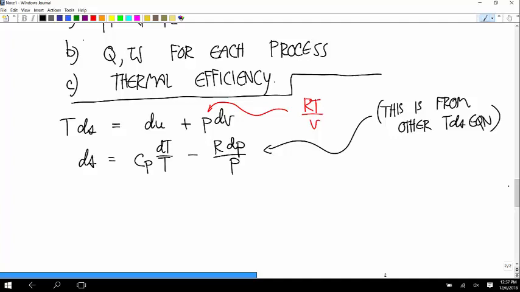Each of these two is isothermal, so this goes away. There's no change in temperature. And so we get that S2 minus S1 is equal to negative R natural log of P2 over P1.